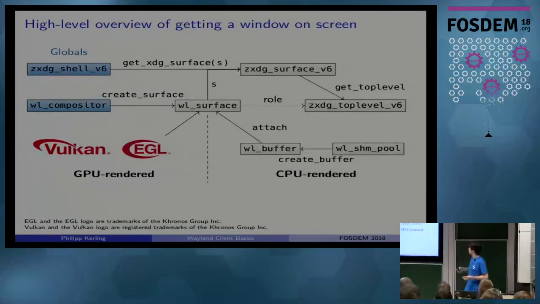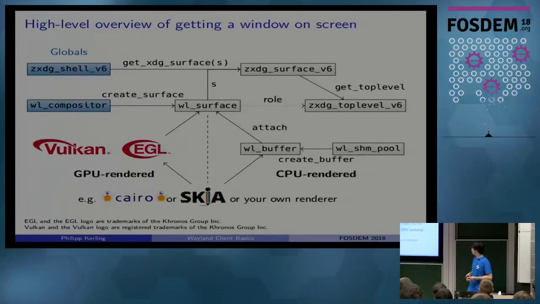You create a buffer and attach that to the surface. And it's a bit more involved than the rendering on the GPU. And for rendering, you could use your own renderer if you already have one. For example, when you are developing an OpenGL-based game, then you will just use that to render the game. Or for 2D drawing, you could use Cairo or the Skia project, which the Chromium guys have developed.